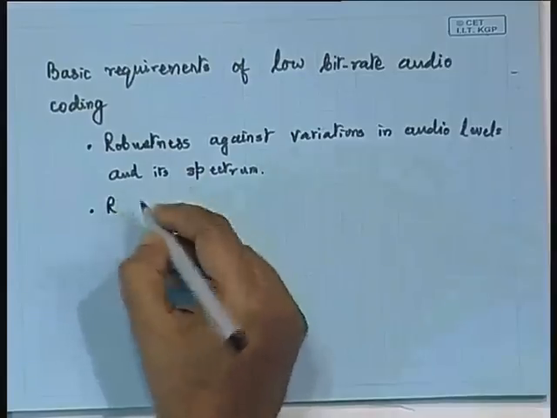Any burst error presence should not make the encoding process and the decoding process topsy turvy. It is not that one single presence of burst error disturbs everything that follows. The effect of the burst error should be minimal, minimal in the sense that its extent of damage should be as low as possible. So, robustness against random and bursty channel errors.